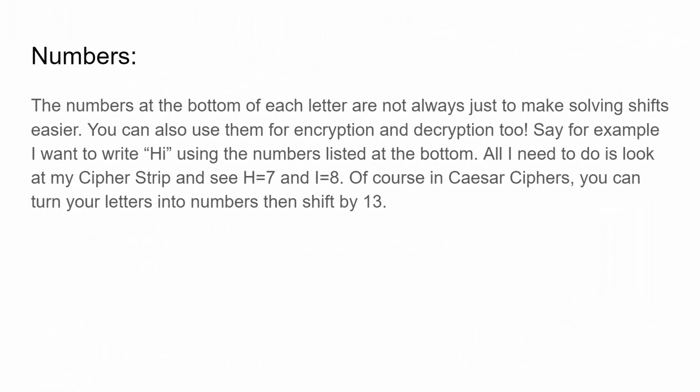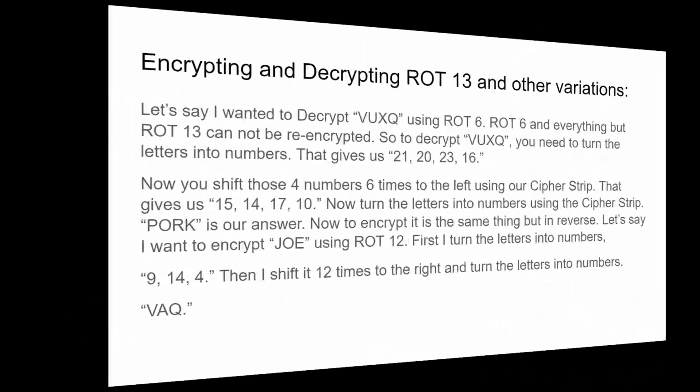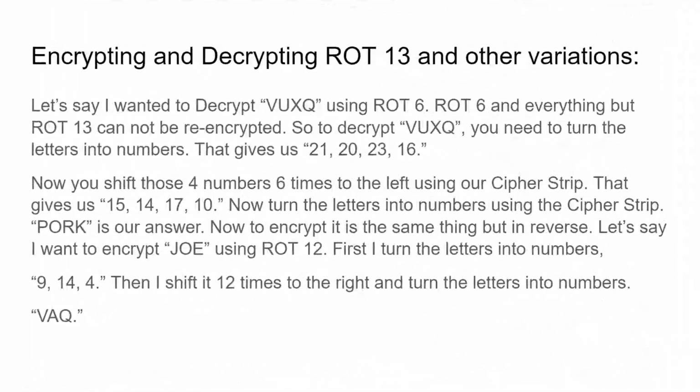All I need to do is look at my cipher strip and see H equals 7 and I equals 8. Of course, in Caesar ciphers, you can turn your letters into numbers and shift by 13. Encrypting and decrypting ROT13 and other variations.